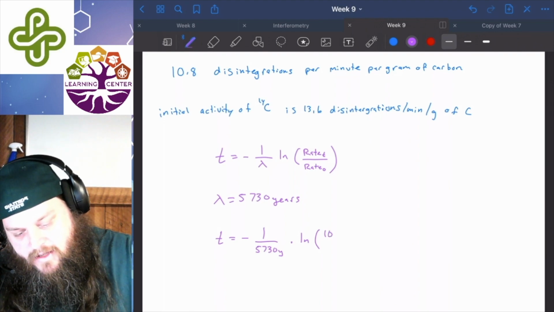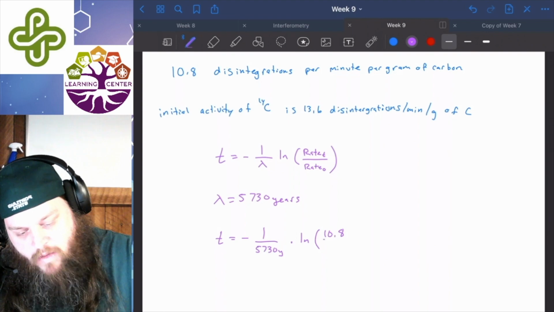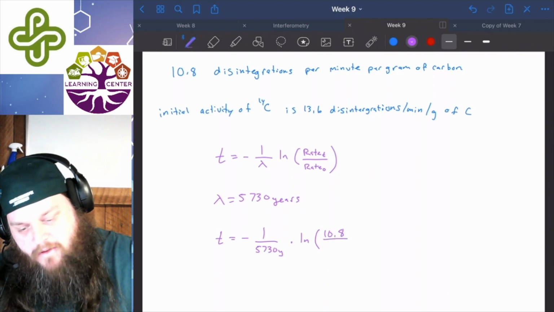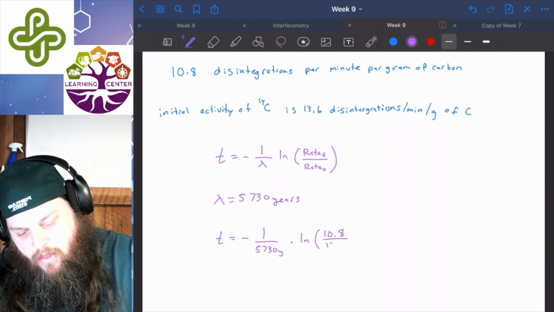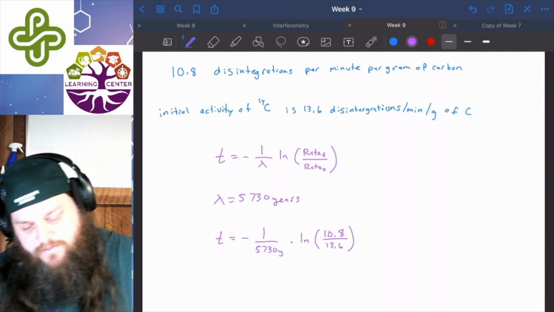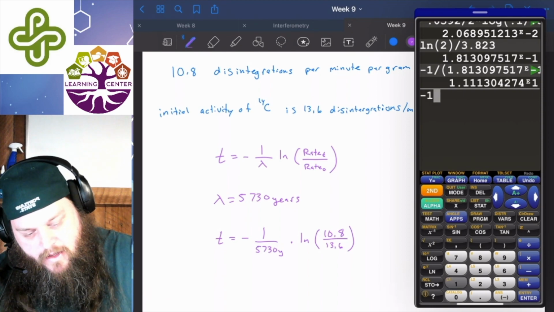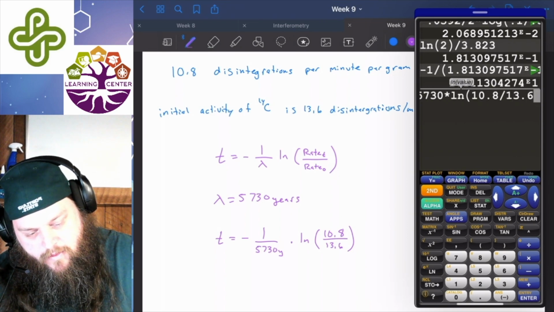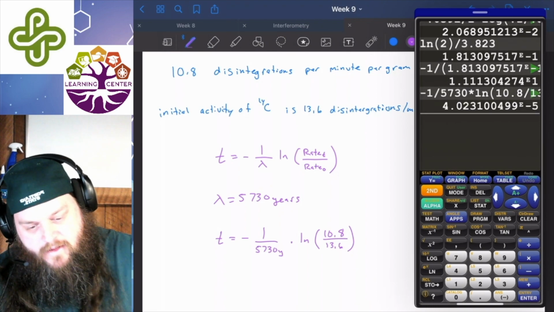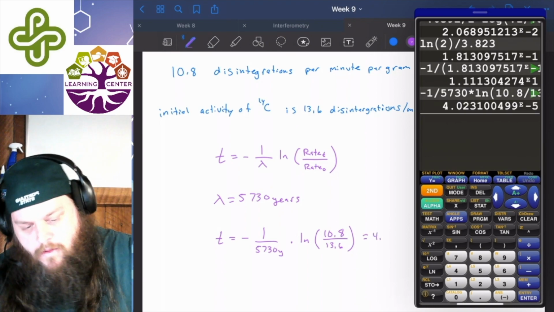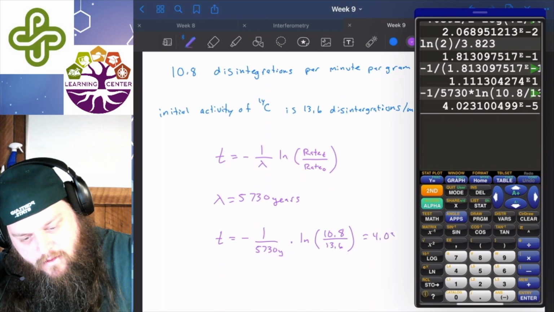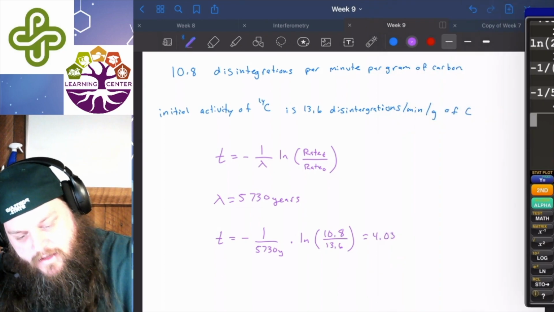So I can write it as 10.8, that's the rate that it's disintegrating now, divided by 13.6. We can plug that into our calculator. The negative 1 divided by 5730 times the natural log of 10.8 divided by 13.6 gives us 4.023 times 10 to the negative 5.